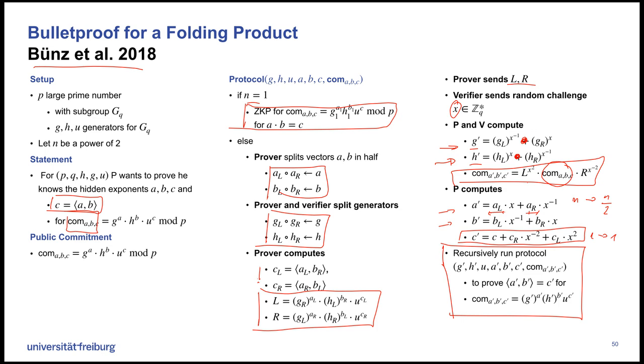The next step will be that we take a lot of folding products, we write folding products under each other, and then we fold the folding products again together. So we have a folding of the folding products, which on the bottom line means that we can do everything in a logarithmic number of rounds.